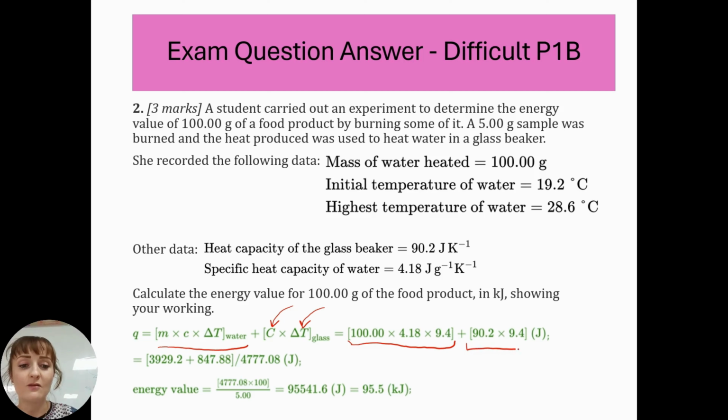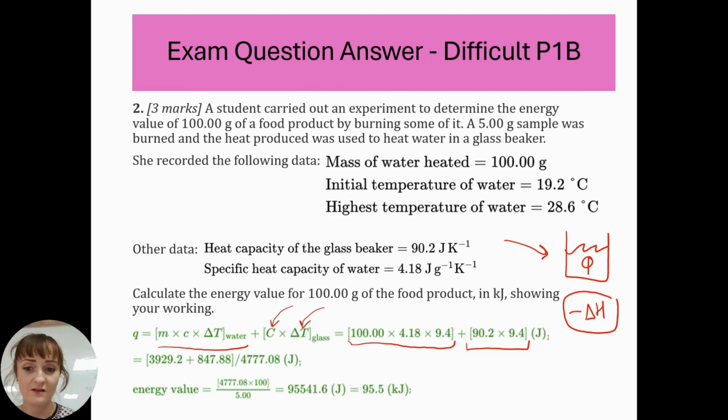So those two values combined is the total Q value of what was gained by the setup here, which means that if we know what was gained here, we can more accurately determine what was lost by the thing that was being combusted. That works out at being 4,777 joules.